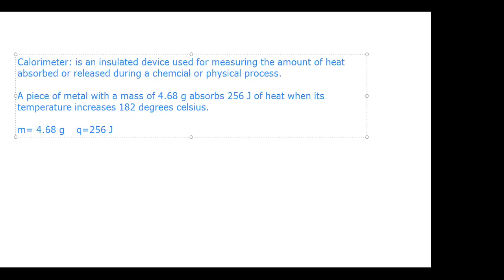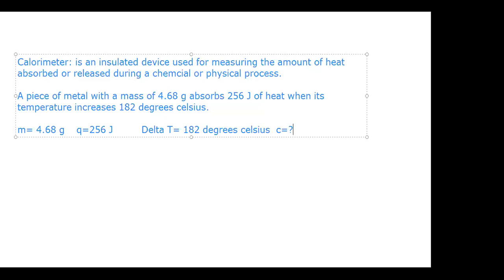And then lovely for us, it already says that the temperature increased 182 degrees, so we don't have to do any work there. Our delta T is 182 degrees Celsius. Okay, so we just need to find the specific heat.